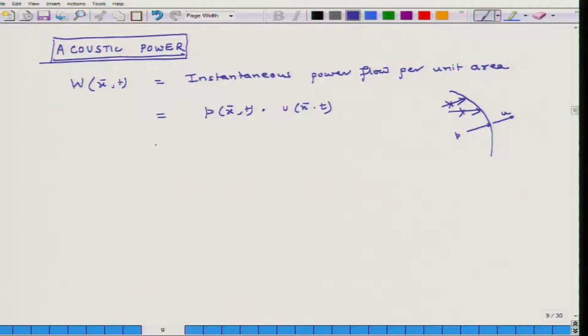Now, for a one dimensional system, after a lot of analysis we had expressed the pressure as the real part of the complex pressure P(x, omega) e^(j omega t), and the velocity was the real part of its complex amplitude times e^(j omega t).